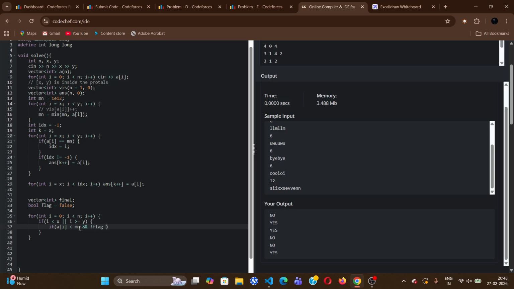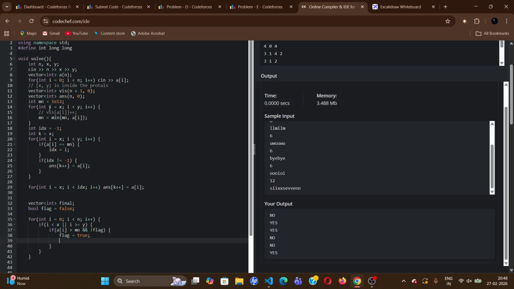And not a flag, in that case, flag equals to true and we'll insert all those.